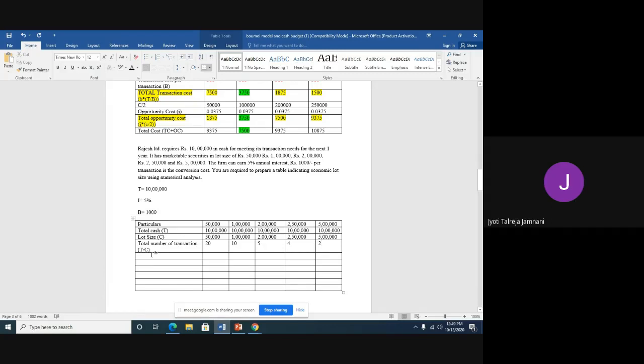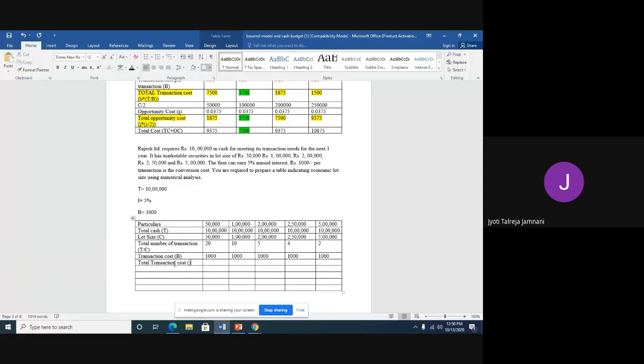Now we need to write the value of B, which is nothing but transaction cost, which is given as 1,000 rupees. So we will take that 1,000 rupees in all the columns. Now we will find the total transaction cost.